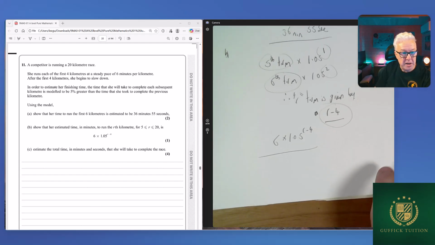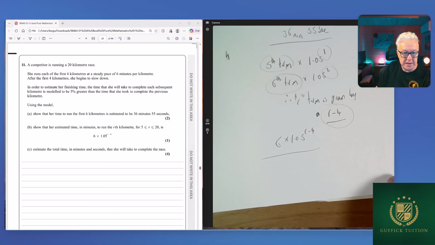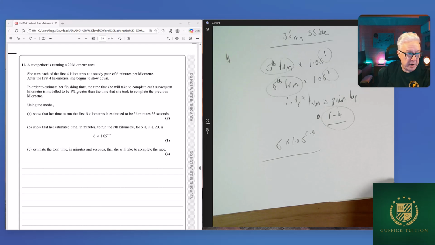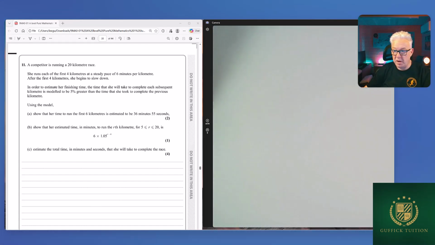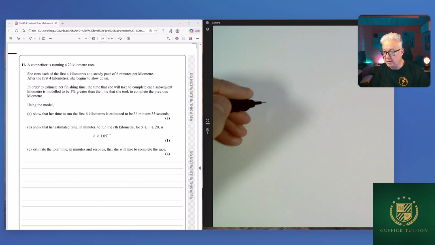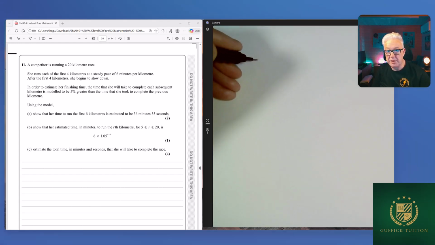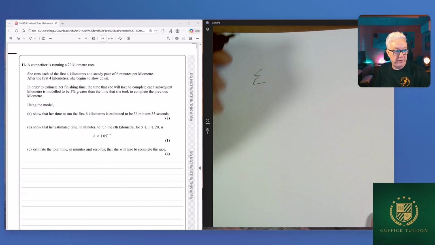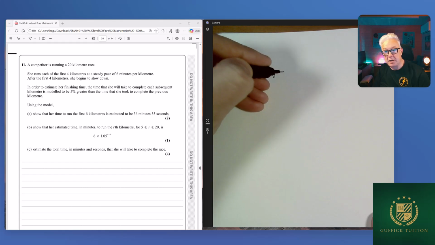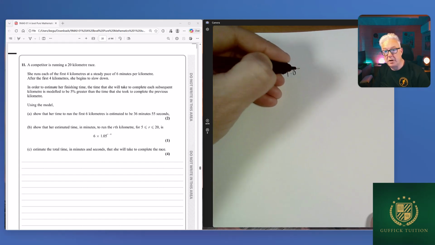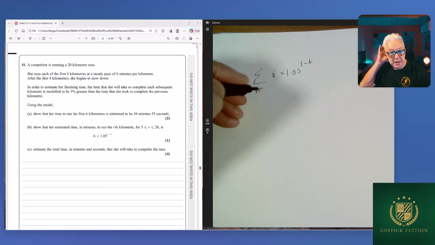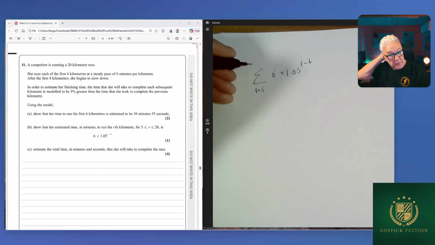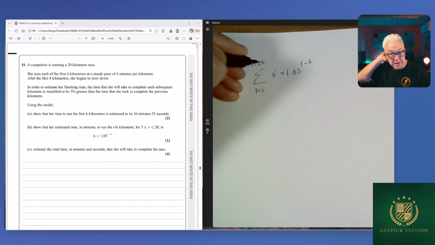Now, part C says estimate the total time in minutes and seconds that she will take to complete the race. So we've got to work out the summation from 5 to 20. We're going to have the summation of 6 times 1.05 to the r minus 4, from r equals 5 to r equals 20.